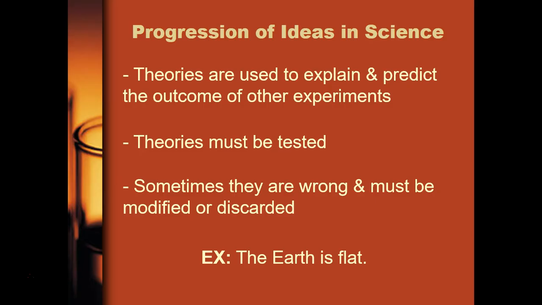More often than not, however, it's not that we throw the entire theory out as being wrong. It's more that it gets modified. So as we continue to adjust our understanding, technology gets better and we can test more things, we get more data. It's more often that the theories get adjusted to compensate for this new information as opposed to just getting discarded completely.